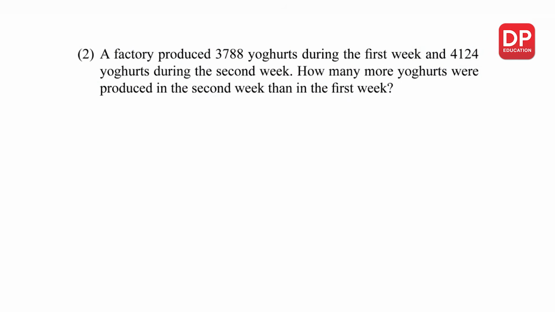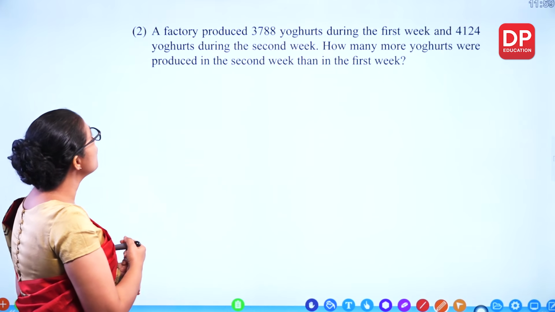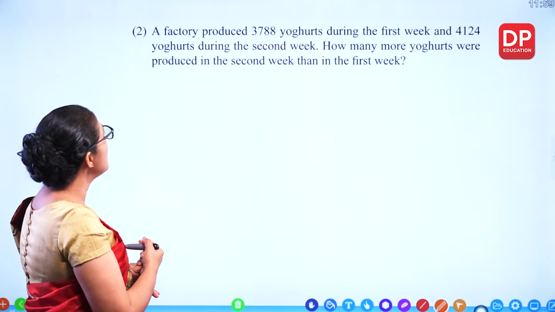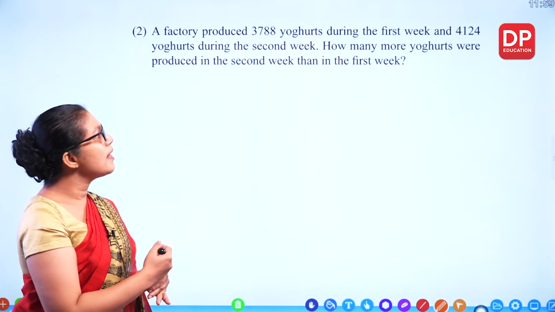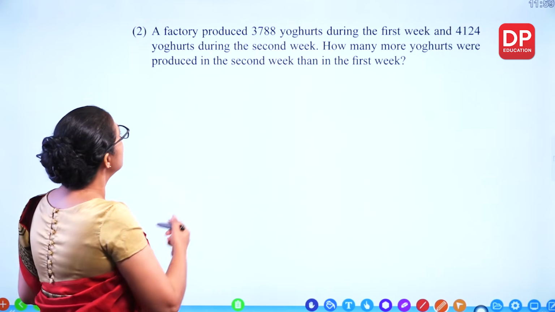Question number 2. A factory produced 3,788 yogurts during the first week and 4,124 yogurts during the second week. How many more yogurts were produced in the second week than the first week? So we have to take the difference.